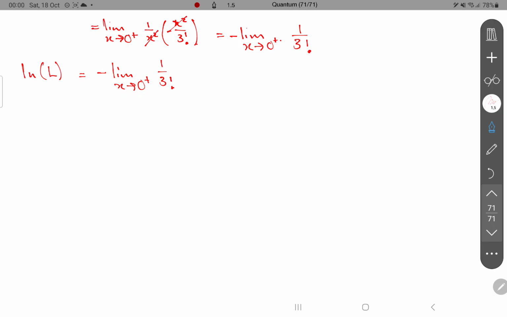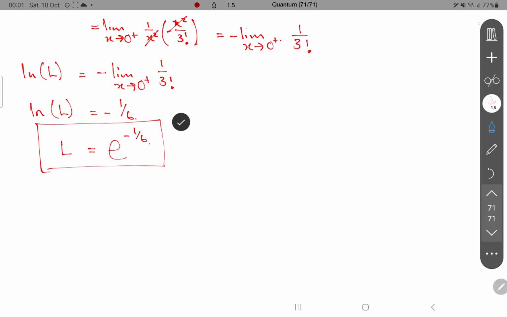So definitely the natural logarithm of L is equal to negative 1 over 6. In other words, your L will be e to the power negative 1 over 6. This is the answer for the limit. Thank you.